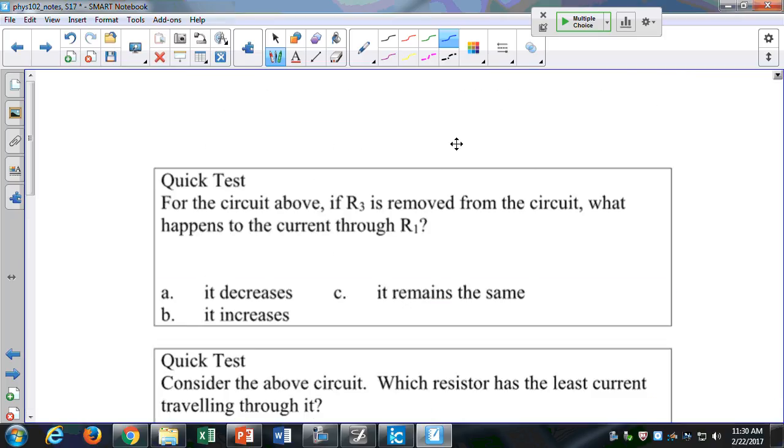Let's look at, if you removed R3, what happens to the current through R1? If I remove R3, what happens to the current through R1? Does it decrease, increase, or remain the same?